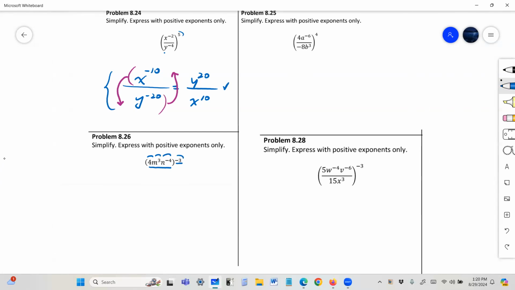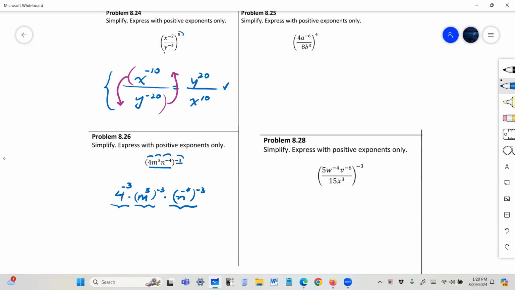So this is what I want you to do. You do it one at a time. First 4 to the negative 3 times m to the 3rd to the negative 3 times n to the negative 4th to the negative 3. Now we do each one separately, even though they are together.